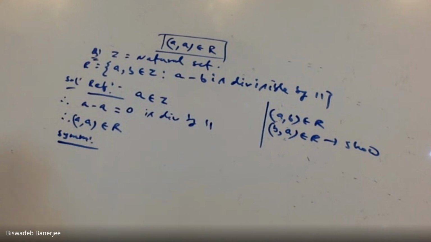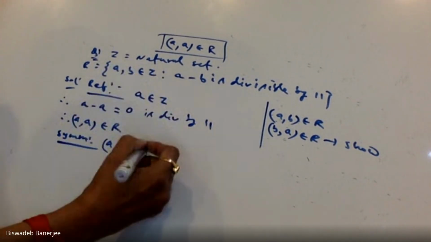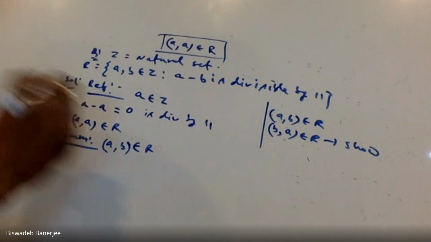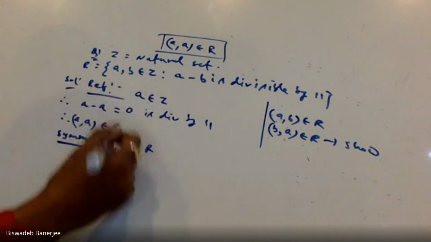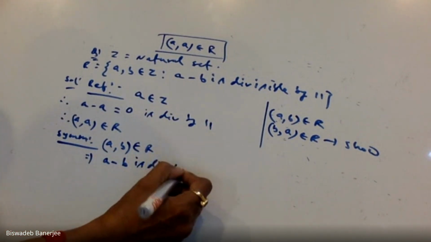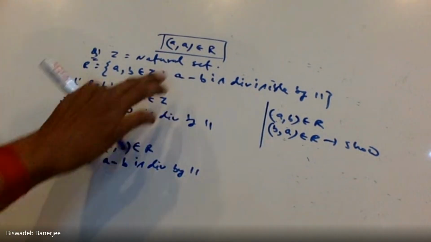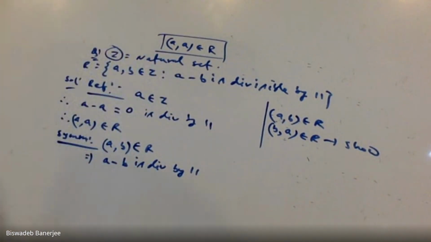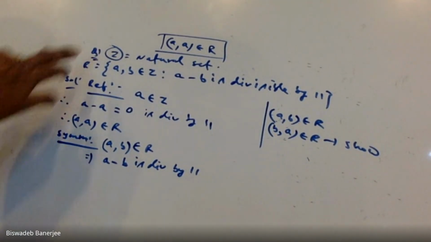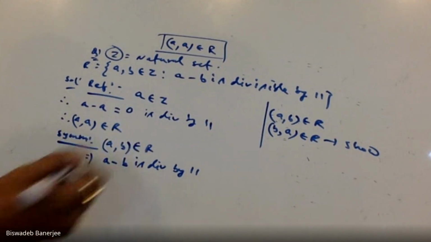Now how can we prove this? Let (a, b) belongs to R. It means a minus b is divisible by 11. Always remember this a, b comes from this set Z. You can't take any element outside Z, that means you can't take a fraction, because here the given set is Z. So we are given a minus b is divisible by 11.